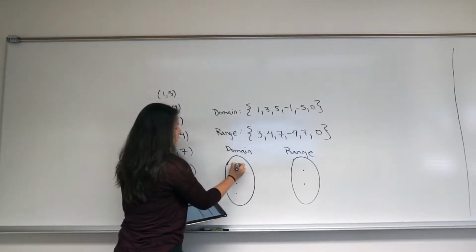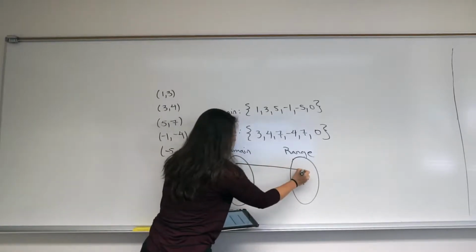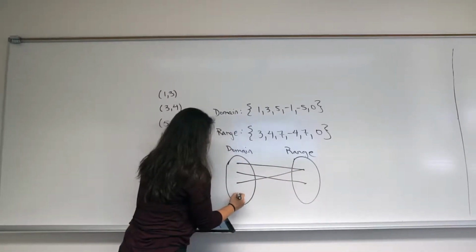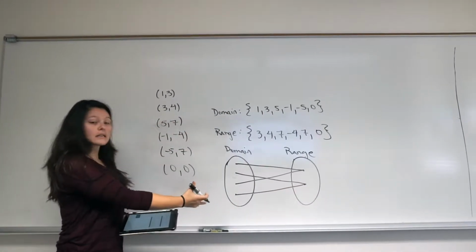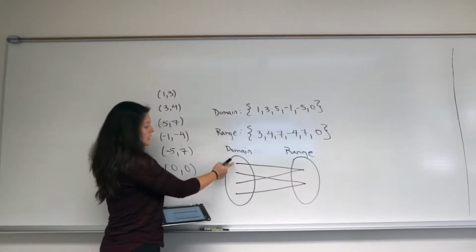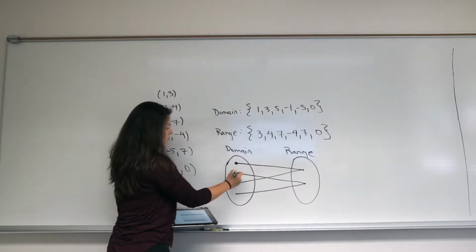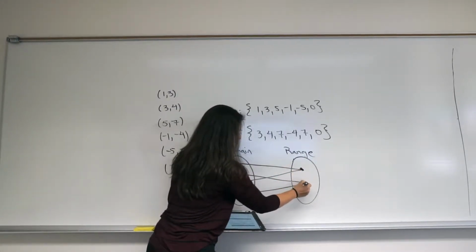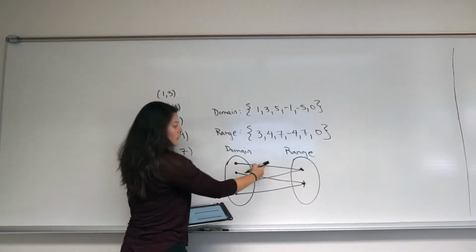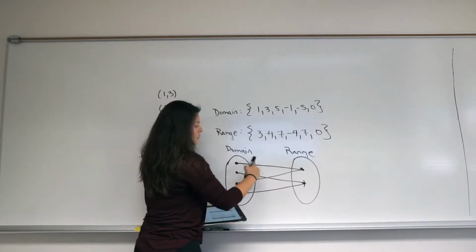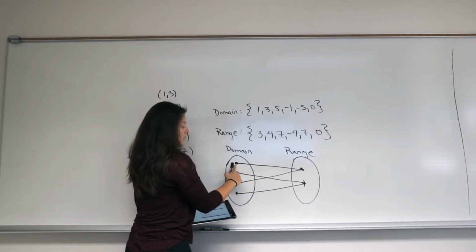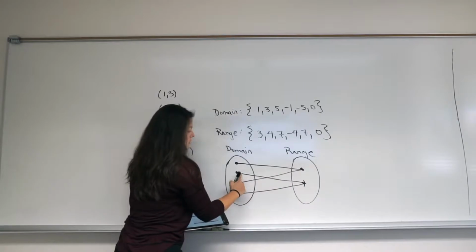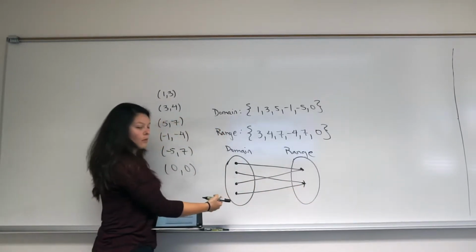Okay, so for example, if I draw something like this, this is a function, because notice each element in my domain here only has one arrow coming out of it. So there's a unique element in the range that this element maps to, a unique element in the range over here that this element goes to, and so on.